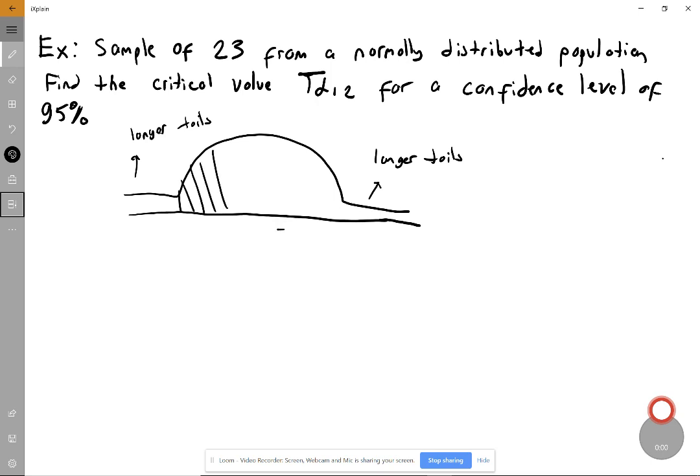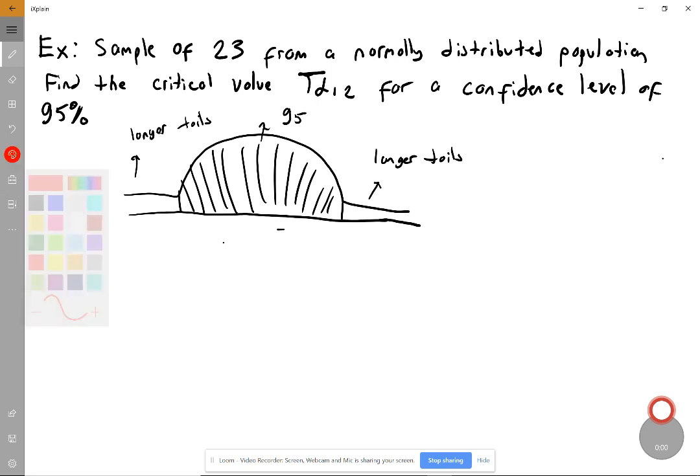So that means I will be sketching this area, and this area is 95%. And the remaining area on the left, I'll use a different marker. So the remaining area on the left is 2.5%, and the remaining area on the right is also 2.5%. The procedure is the same as the Z distribution, okay?